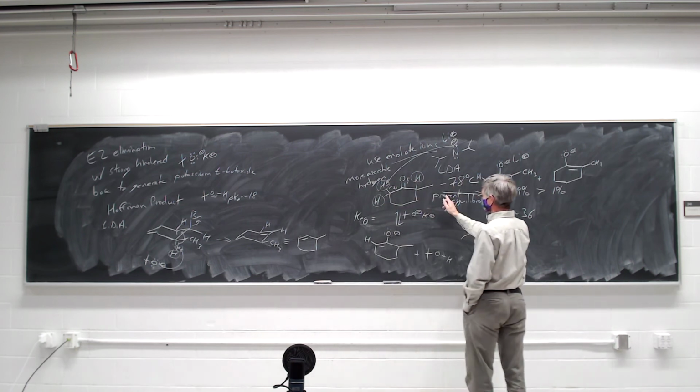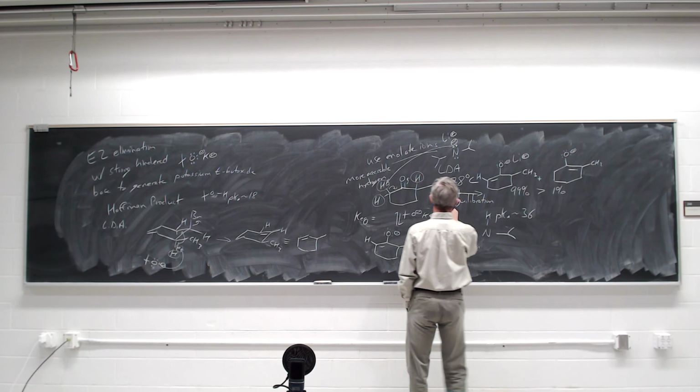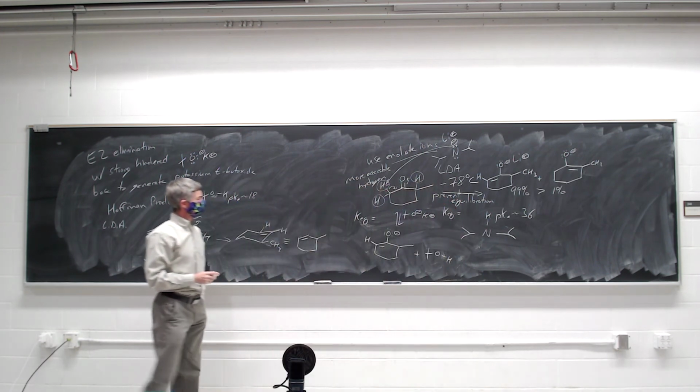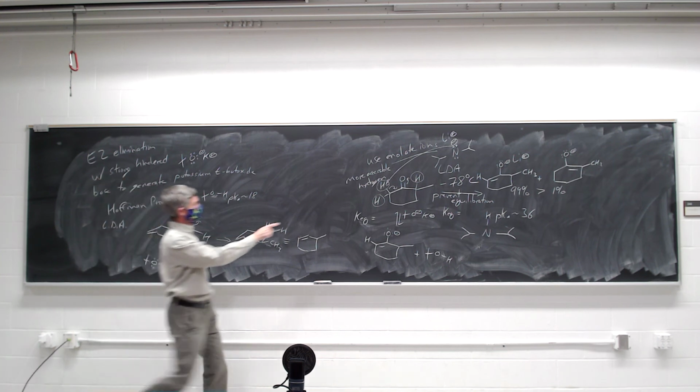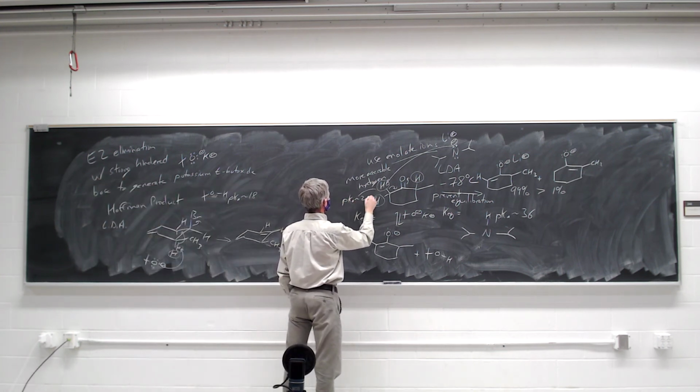I'm going to ask you the same question for this one. What will the equilibrium constant be for this reaction? Keeping in mind that the pKa of this hydrogen is on the order of 20.